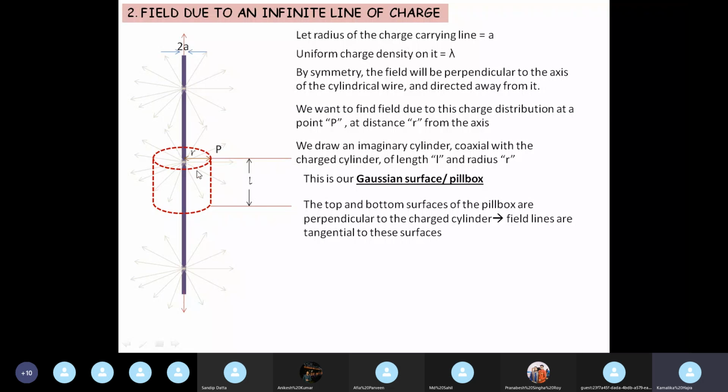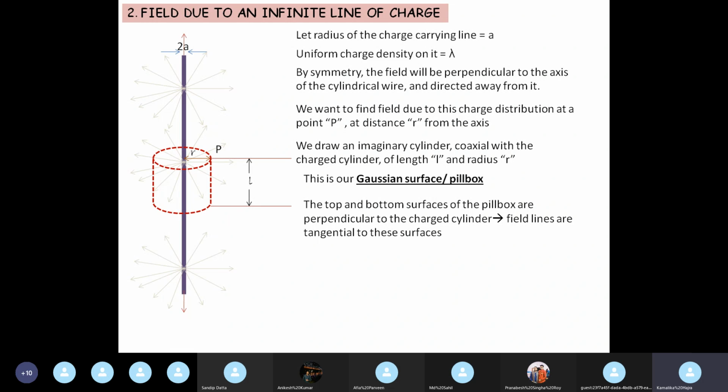The field lines on the top surface are tangential to the surface, and you know that tangential lines do not contribute to the flux, right?